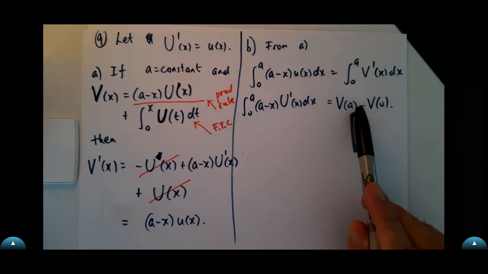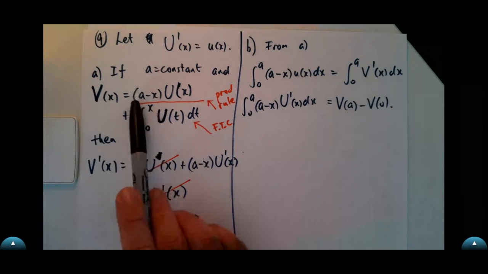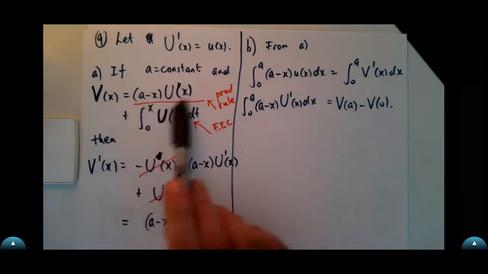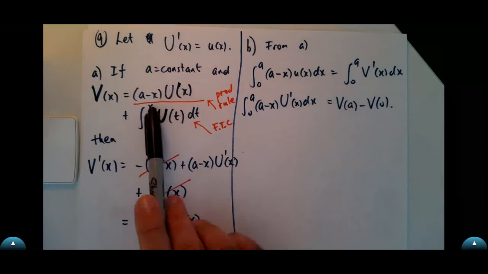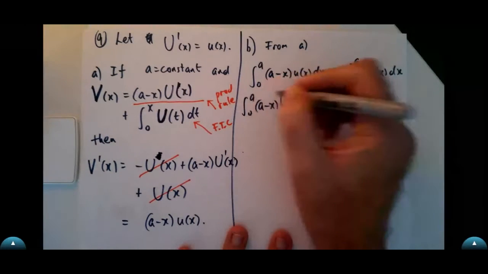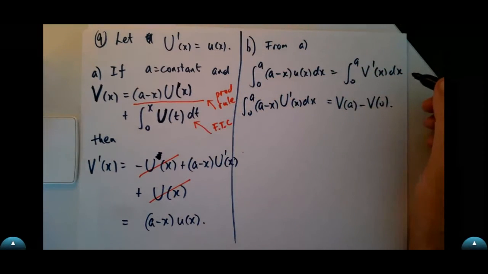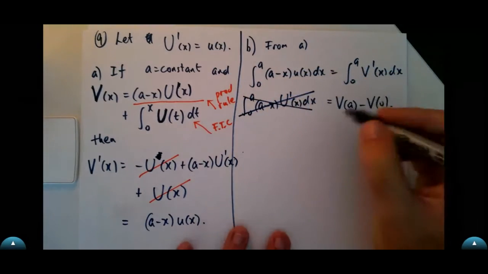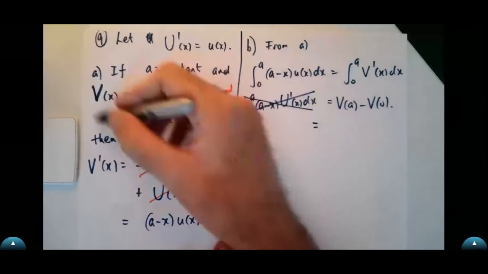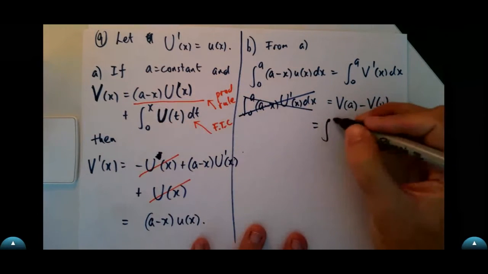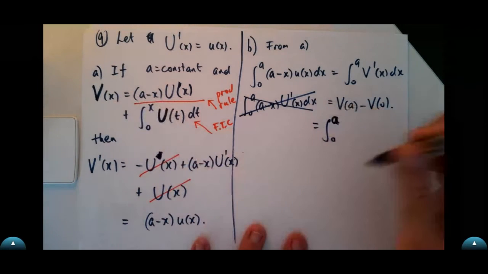Let me just check something here. What is big V of A? Big V of A will be 0. And that'll be that. Oh, I don't think I actually need to simplify that. Let me just adjust that, because I can look back here: V of A is going to be, so replace X with A here.